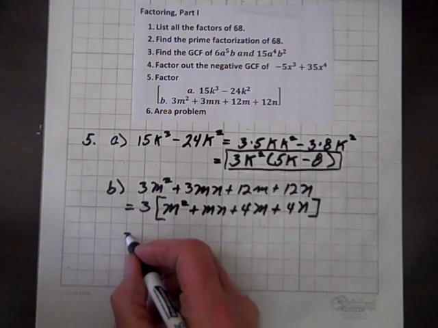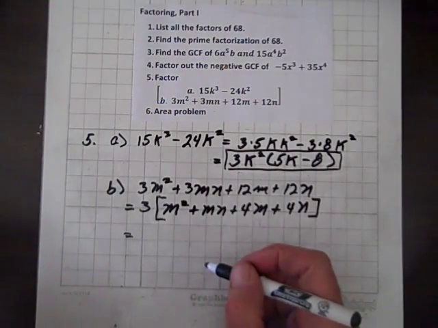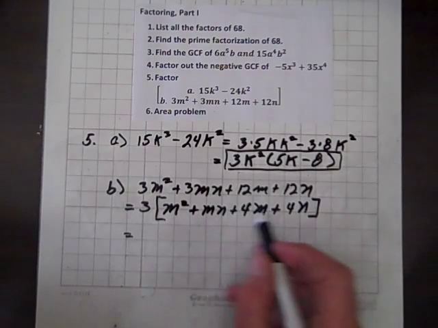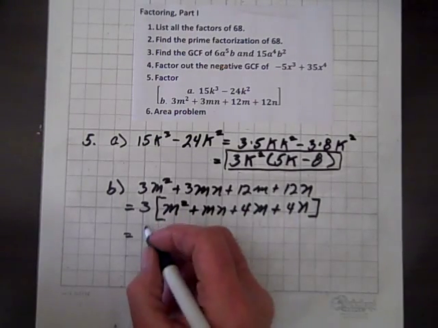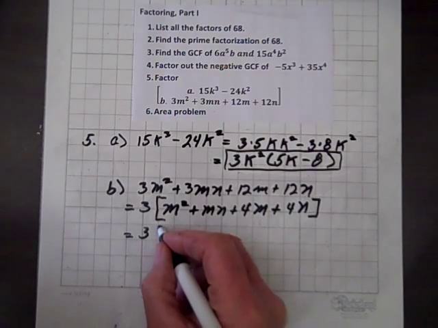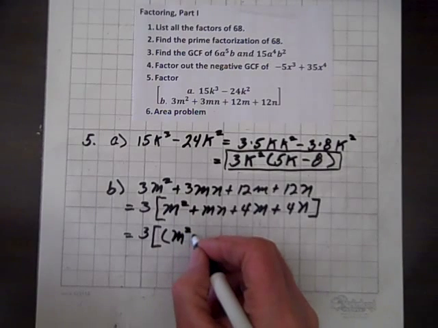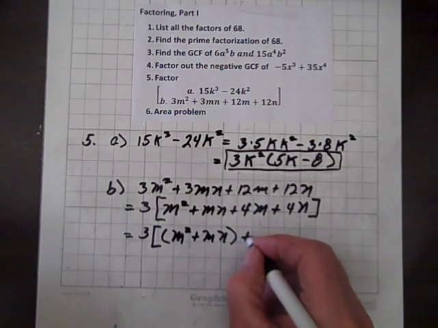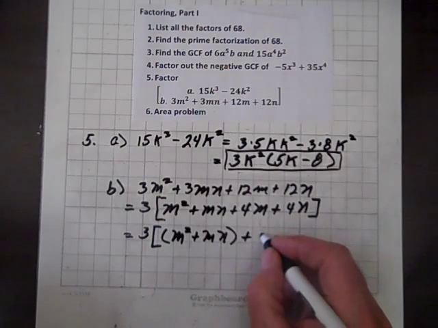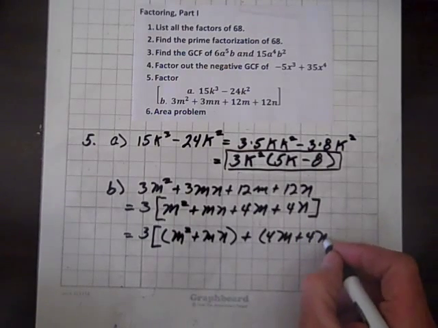Now, anytime you have 4 terms, think of grouping. And we'll break these 4 terms up into 2 groups. So we get 3 times, and I'll put parentheses around the m squared and the mn, plus, and we'll put parentheses around the 4m plus 4n.